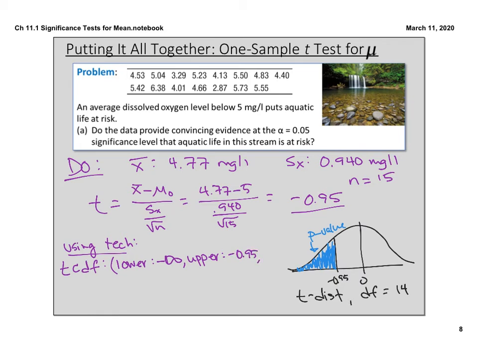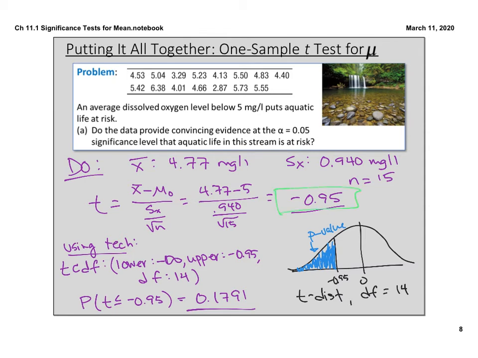And then degrees of freedom, that's the new thing that you need to add into your t-distribution, are 14. So that gives me the probability that t is less than or equal to negative 0.95 of 0.1791. There's my p-value.